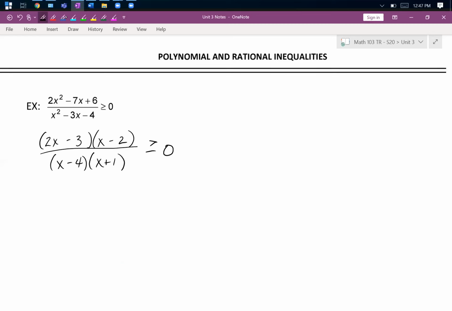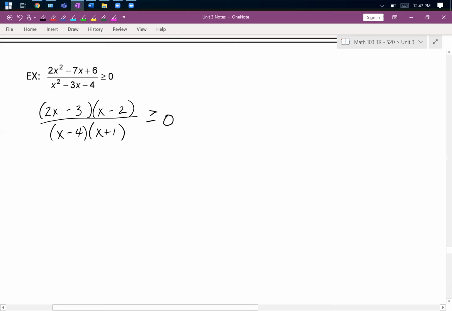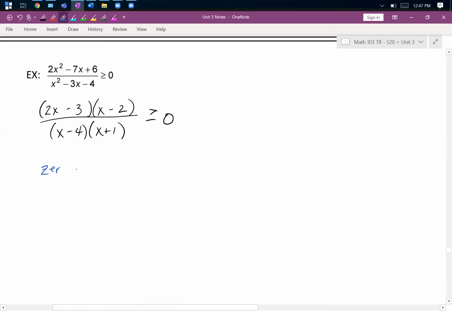Now we are in factored form, we want to identify zeros from the numerator and zeros from the denominator.